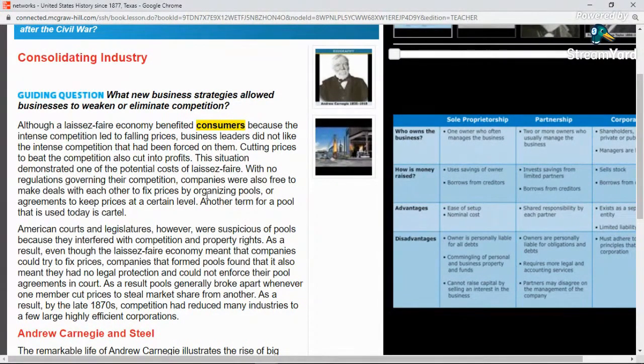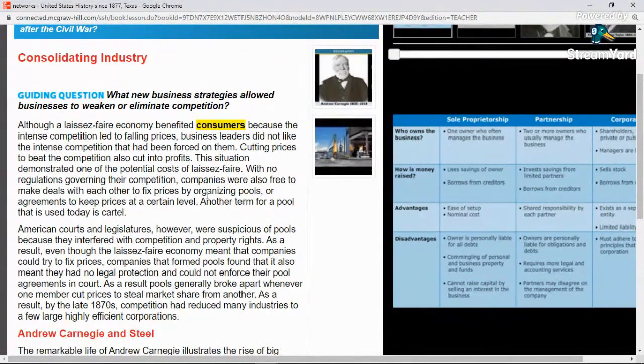If you make your brigadeiros for 6 reais, people are going to buy more from you, but you're also going to make less profit. I'm going to make less profit. We're both not going to be happy. So let's try to keep the prices a little bit high, not too low, and kind of pretend that we're in competition, but really not.